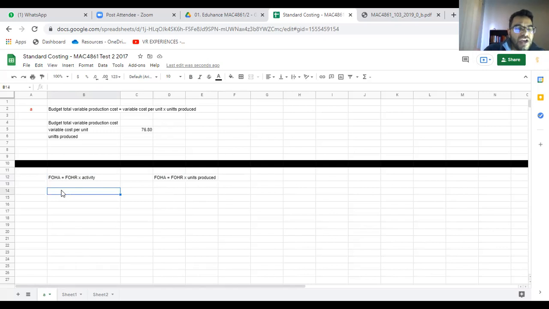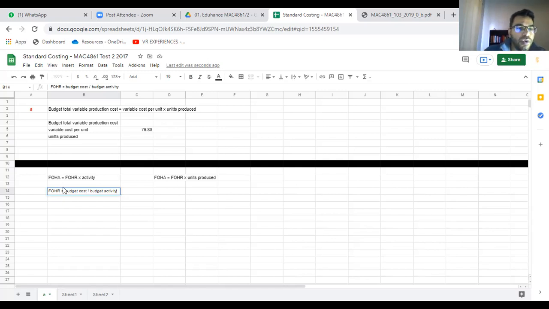Now to get the fixed overhead rate: fixed overhead rate equals budget costs divided by budget activity. So budget costs divided by budget activity.